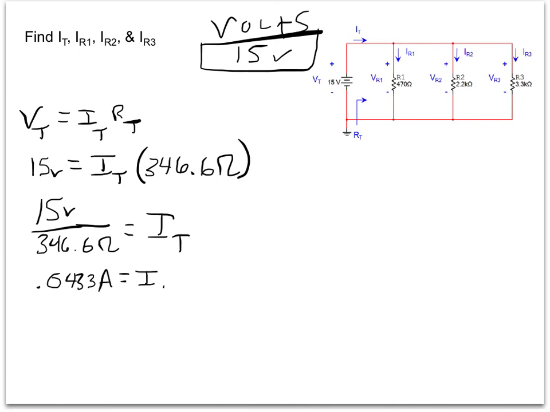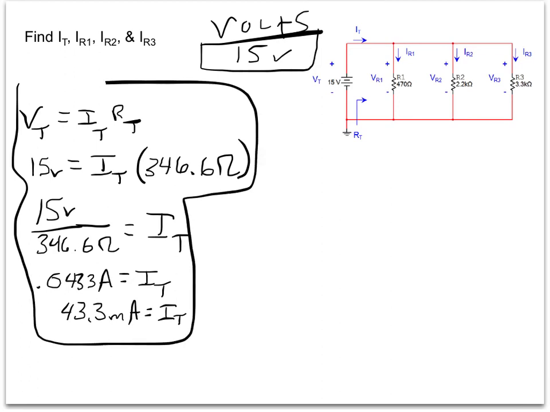That's what current is measured in, amps, which is 43.3 milliamps. So that's the total current. That's what we're trying to find there.